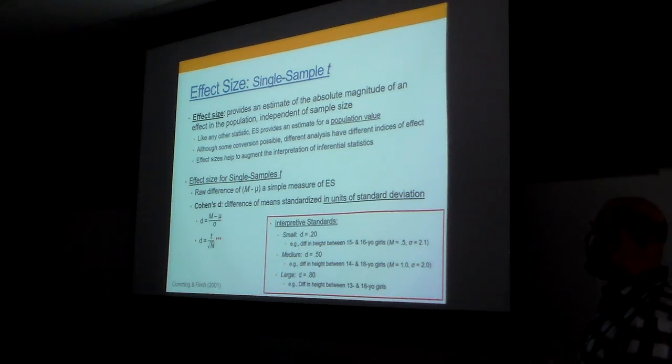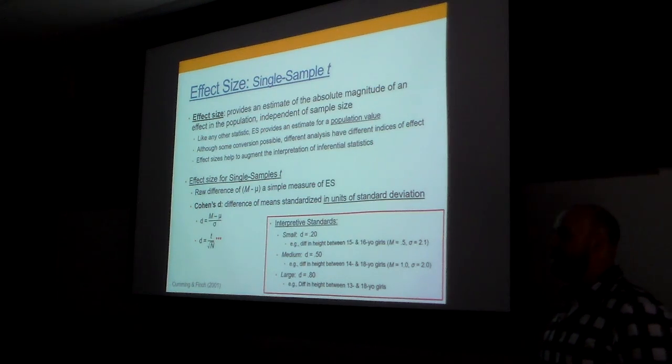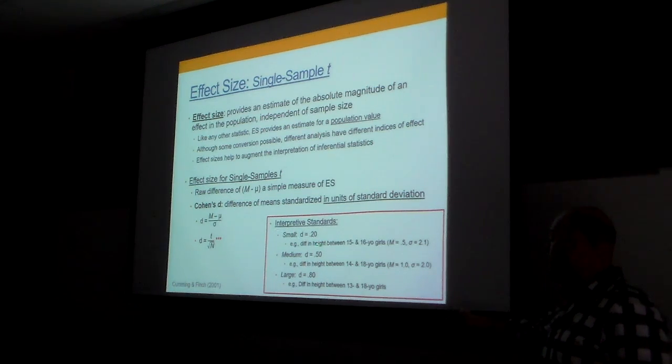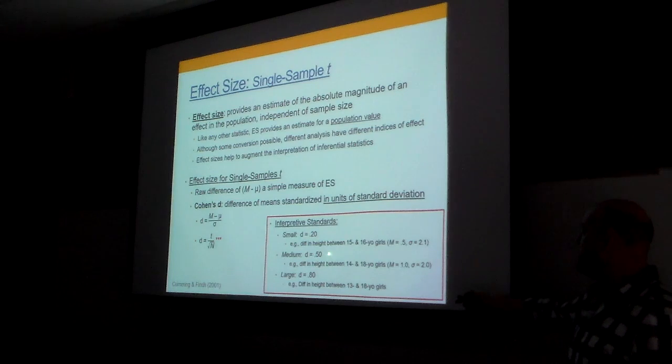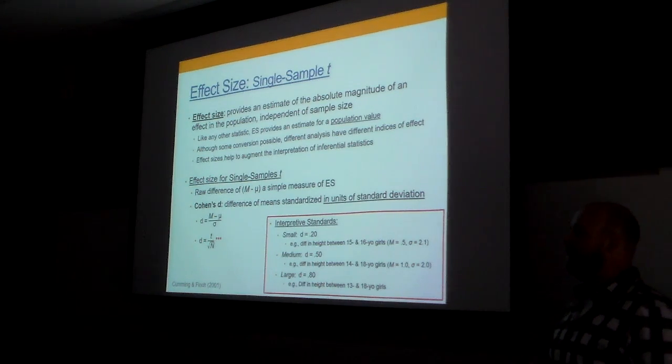But in terms of thinking about classic benchmarks, an effect size D equals 0.2 is a lower bound threshold for what we might call a small effect, okay? And Cohen talks about this as a reliable difference, but not something that's immediately noticeable just by looking, right?